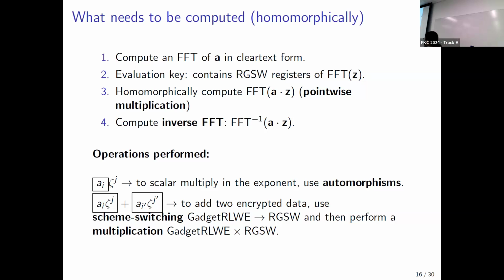This slide kind of summarizes what I said in the previous slides, where we have the encryption a_i, an encrypted coefficient, times this zeta^j, which is equivalent to scalar multiplication in the exponent, and this is done using automorphisms. And below is just an example of a summation of two encrypted data, which we do with two steps: a scheme switch in order to have an RGSW ciphertext, followed by this multiplication that now we know how to do.